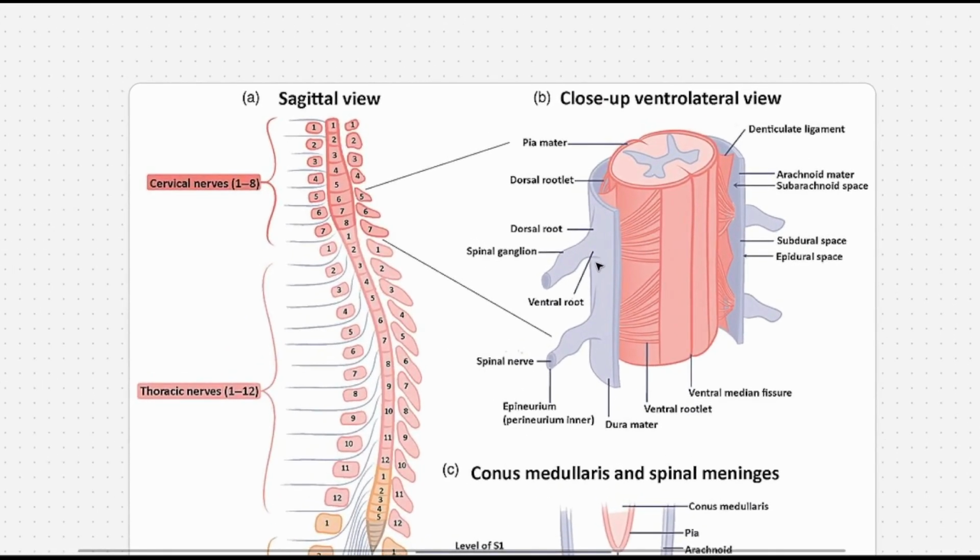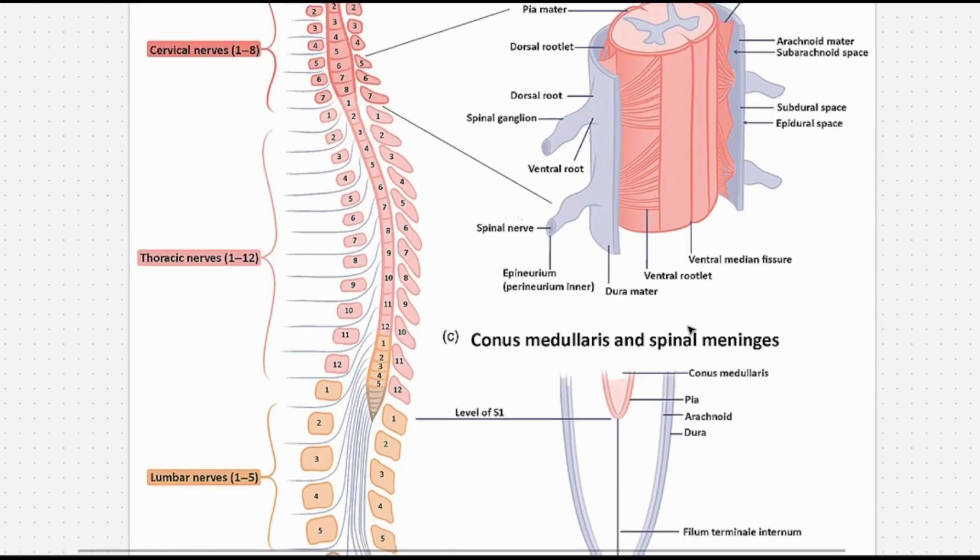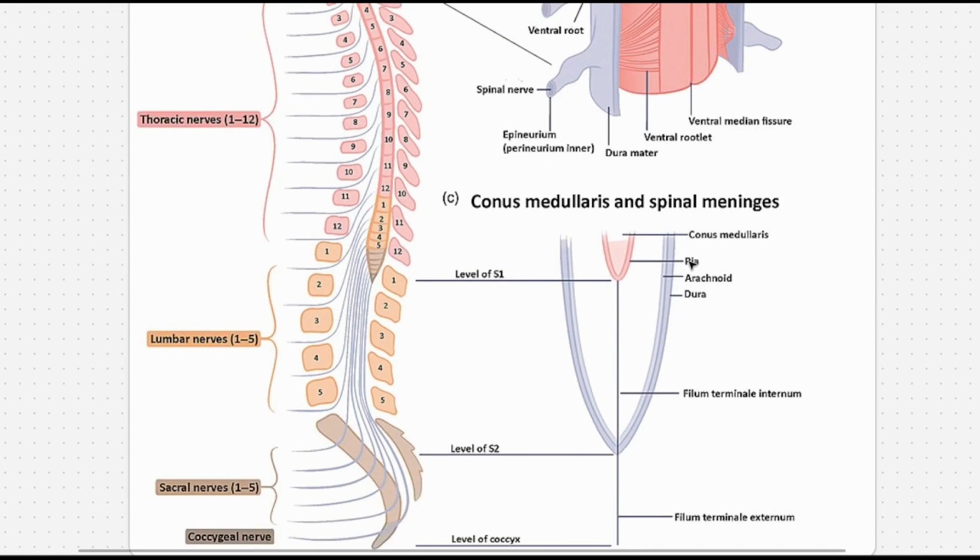So first we have the dura, you can see here. This is the outermost layer, and the middle layer is the arachnoid, and then the pia is directly covering the spinal cord. So between the pia and the arachnoid, there is actually a very significant space right here.